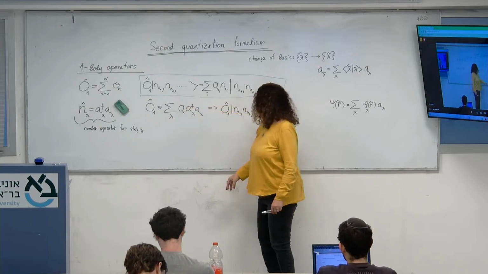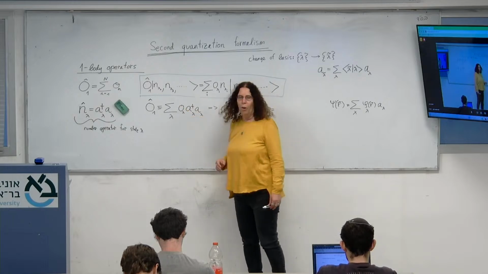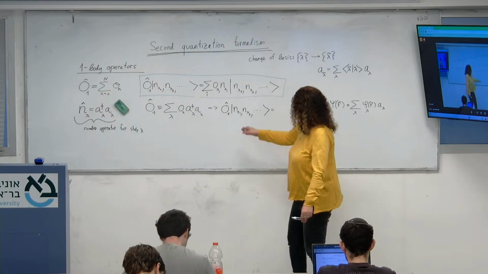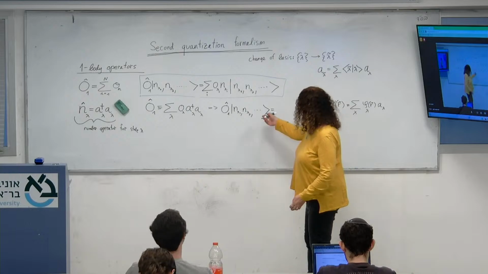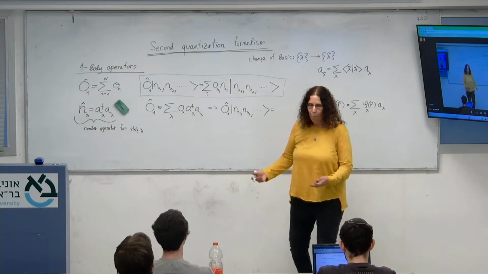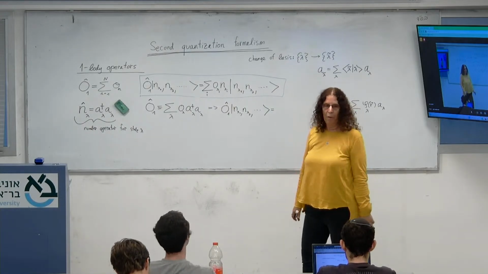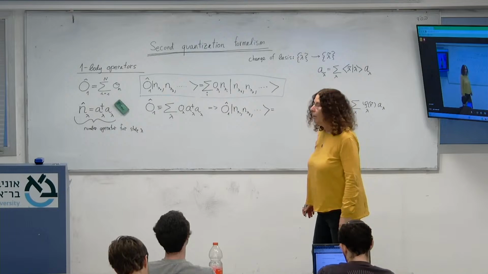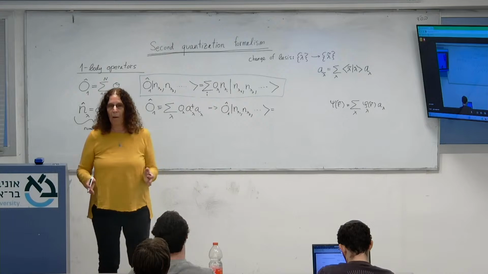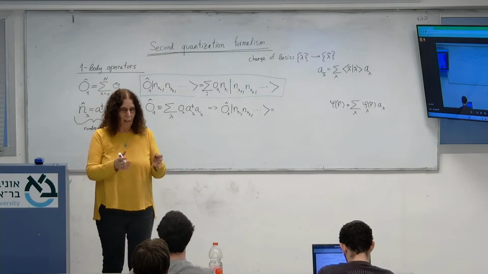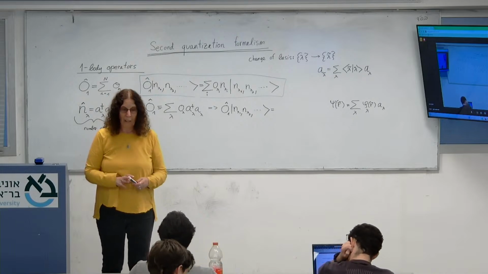So for each lambda, I'll get O lambda n lambda, and then I sum over all the lambda, and I get exactly the same thing. All the possible matrix elements are well defined, and this is really an operator identity, because I proved that for arbitrary matrix element in my basis, it gives the correct matrix elements, then that's the answer.